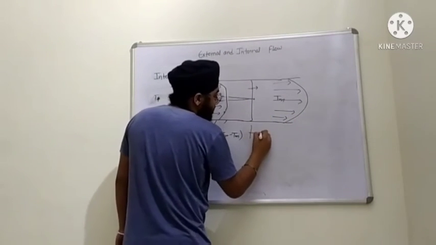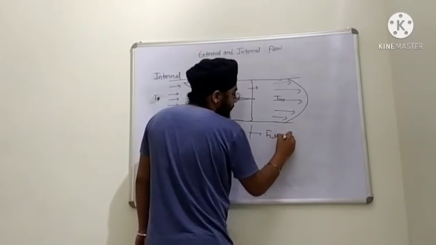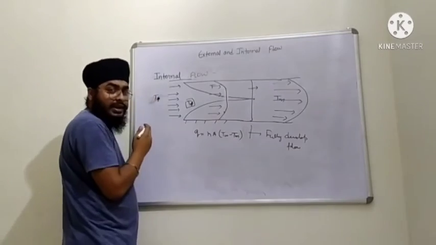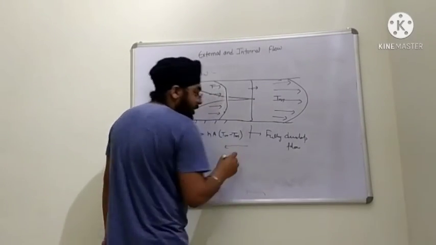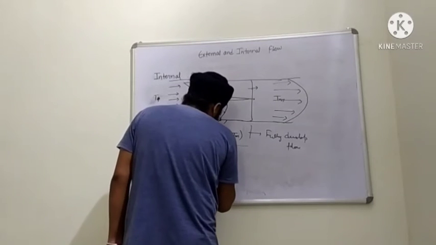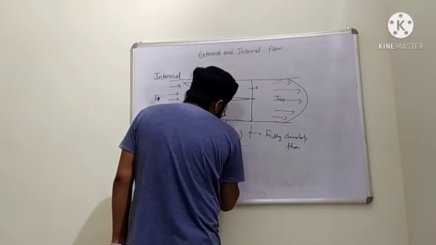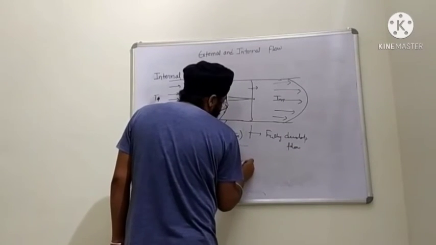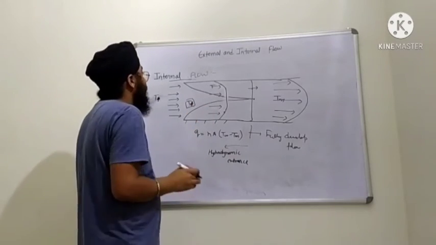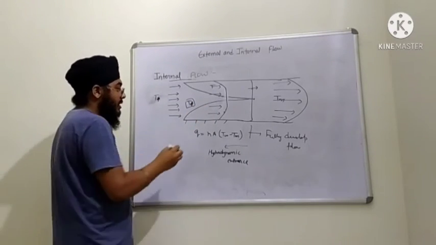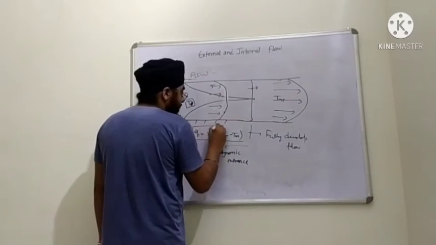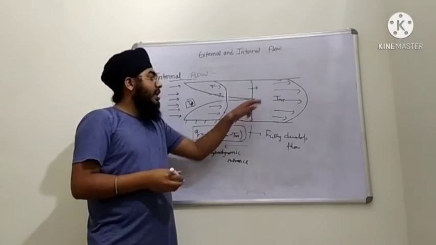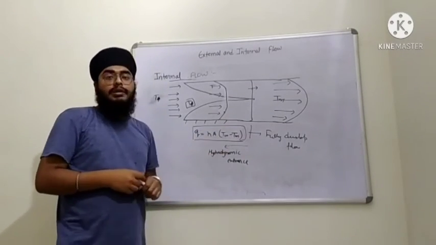So the region onward from this is a fully developed flow, and the region behind it is the hydrodynamic entrance region, the hydrodynamic entrance for the fluid. This is how internal flow works, where the heat transfer will not equal the original heat transfer. It will change, and for T infinity we will take the Tm part.